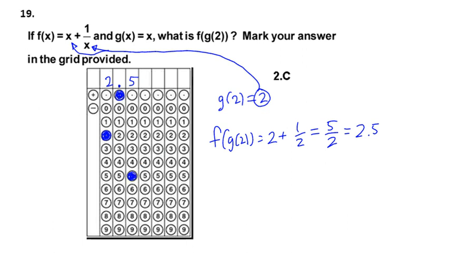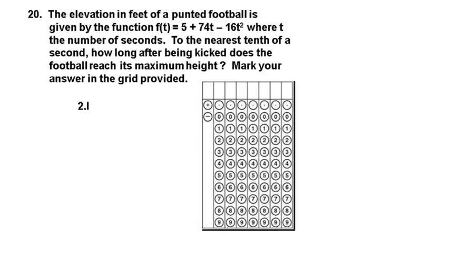Next, 20. The elevation of a Plymouth football is given by the function 5 plus 24t minus 60t squared, where t is the number of seconds. So to the nearest tenth of a second, how long after being kicked has the football reached maximum height?